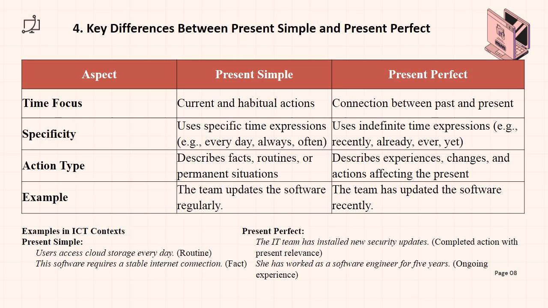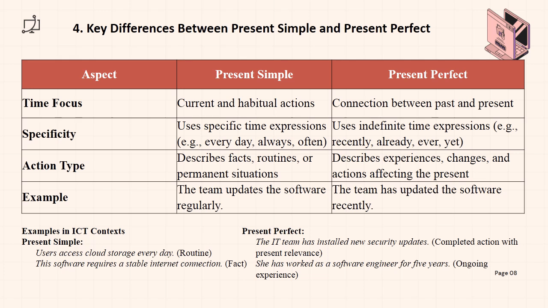Now let's see and discover together what the key differences are between the present simple and the present perfect. They are different in various aspects. For example, the first aspect, which is the time focus. The present simple describes current and habitual actions. However, the present perfect describes connections between the past and present.